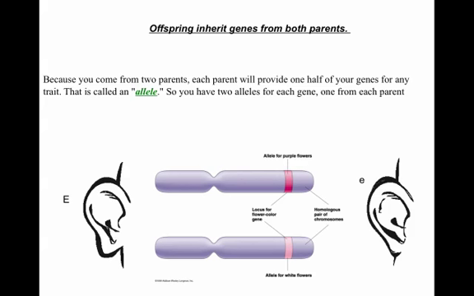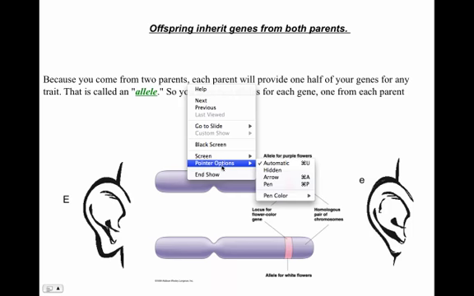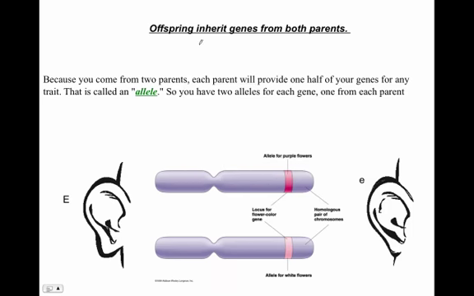How do offspring inherit traits from their parents? Because you come from two parents, each parent will provide half of your genes for a trait. So let's go back and talk about our gametes. There are sperm and an egg.